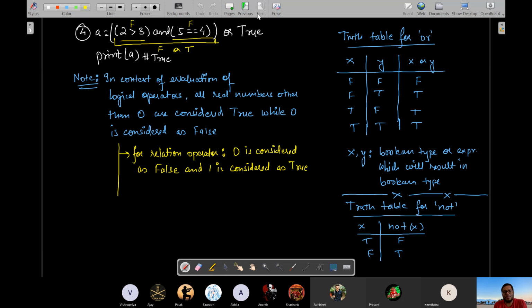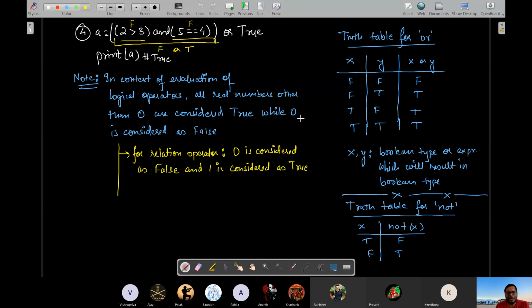If it is a relational operator, then your answer will be evaluated on the basis of whether the number is non-zero. If the number is non-zero and you have to evaluate it as part of a relational operator, then you will consider it as a true case, and if the answer is zero, then you will consider it as a false case.